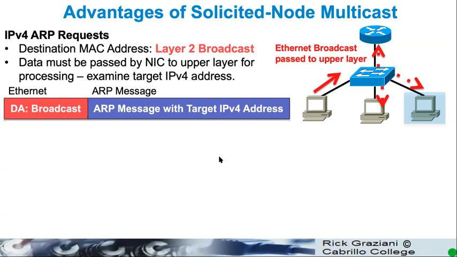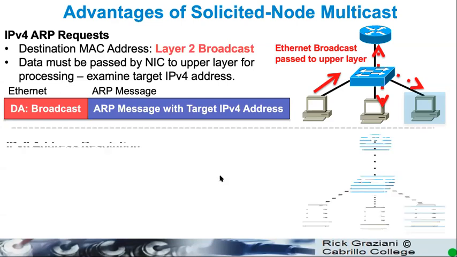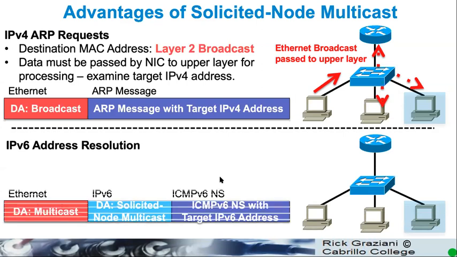So it must be passed up to that layer for further processing. In IPv6, once again, that target IPv6 address is in an ICMPv6 neighbor solicitation message. That address got mapped to a solicited node multicast that got mapped to a multicast address in Ethernet.